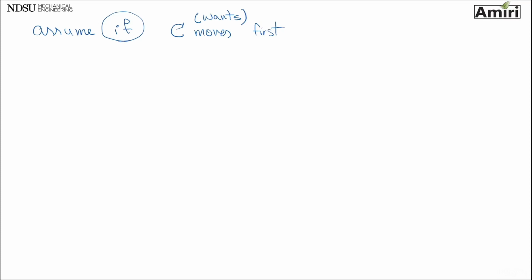So if C is in impending motion, then for point C, because it's at impending motion, FC is mu C NC. Mu C, the problem tells me, is 0.2.